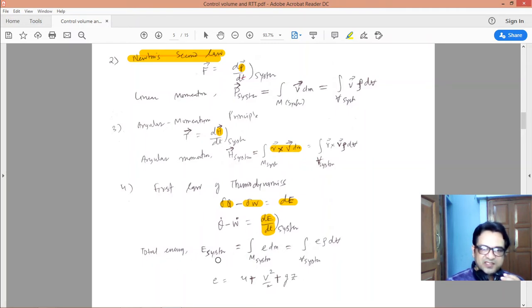So total energy we can find by integration of small e dm. Basically the capital letters are the total quantities and the small letters are the quantities per unit mass. So this is your extensive property and these are the intensive properties. So integration of e into rho dV, and E is the summation of internal energy, kinetic energy and potential energy.